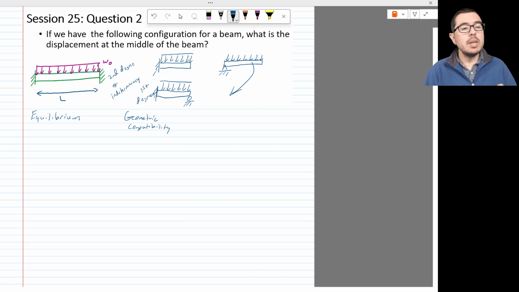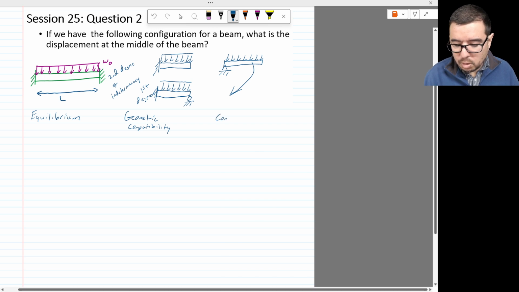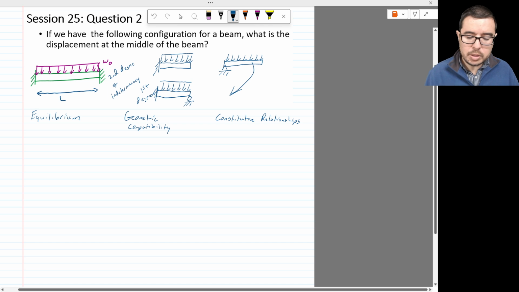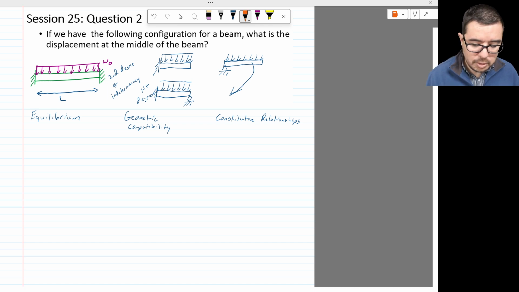An indeterminate problem is one in which we have more unknowns than we have equations, and that will play out in just a minute as well. So we'll try to keep these three pillars, and maybe geometric compatibility will be quite limited, but we have our constitutive relationships here as well. We'll just try to divide it up into those three categories.